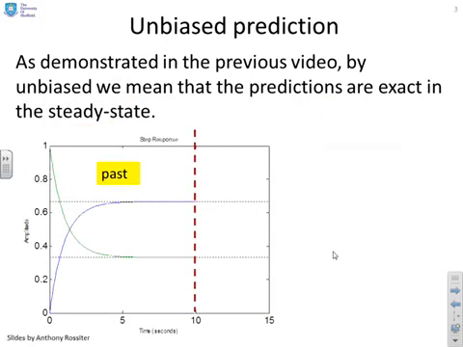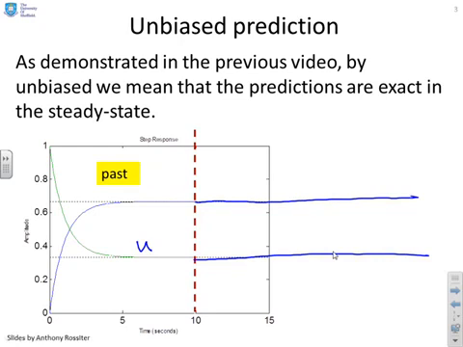So what do we mean by unbiased prediction? We'll revisit this very briefly. We said let's assume you're in the steady state already, so your input's at a steady value and your input's going to remain at the same steady value, and also we'll assume the disturbances are unchanging. Then you would expect your output predictions also to stay at the same value.